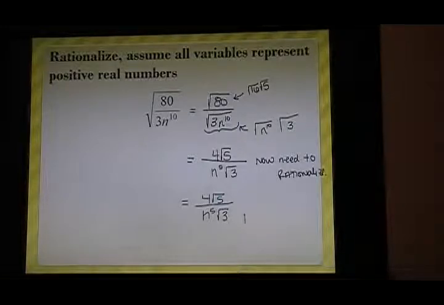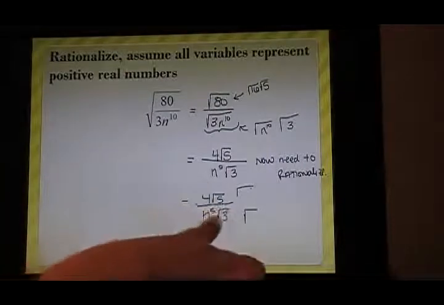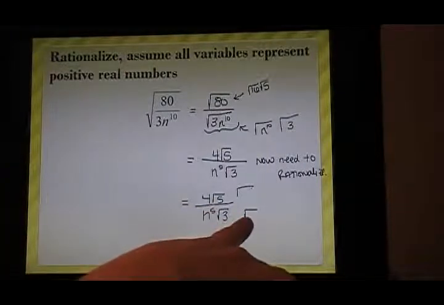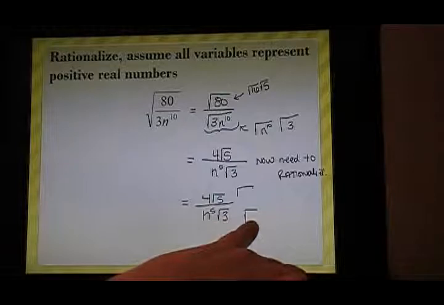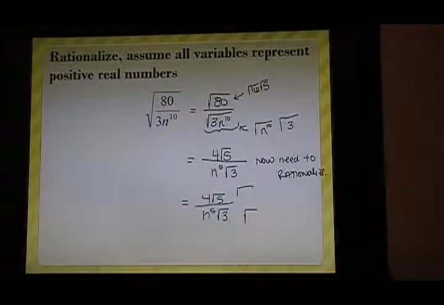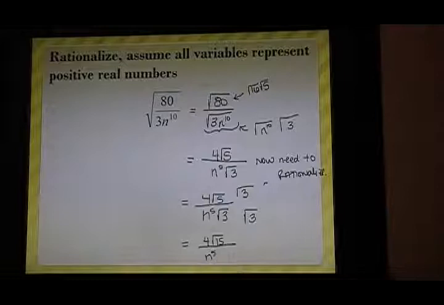To rationalize, we're going to multiply top and bottom by some square root, and because this is a square root, I'm going to multiply by a square root so that the product of these two is a perfect square. If I multiply 3 by itself, I will get a perfect square. So if I do 3 times 3, that's 9, which is a perfect square. So I know that that's going to do it for me. So I have 4 root 15 over n to the 5th times the square root of 9.